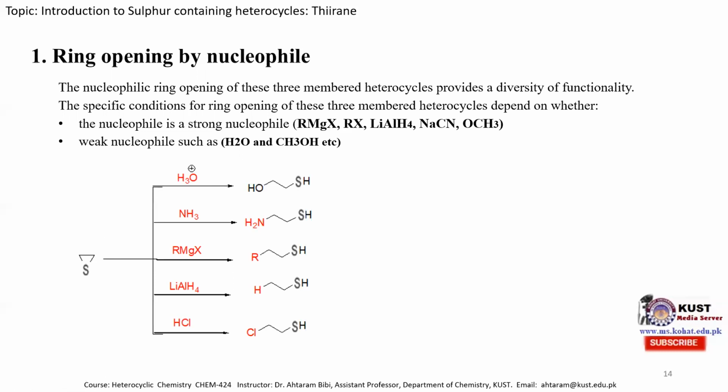So for a weak nucleophile, it's necessary to add an acid to make this carbon more electrophilic. And then ammonia directly attacks because ammonia nitrogen is nucleophilic in nature, so it does not need any acid. Grignard reagent is a good nucleophile, so it directly attacks, and lithium aluminum hydride and hydrochloric acid also.